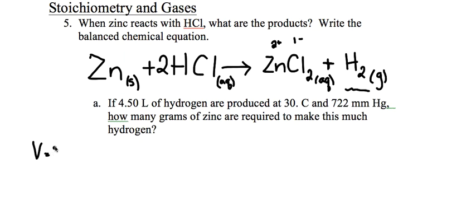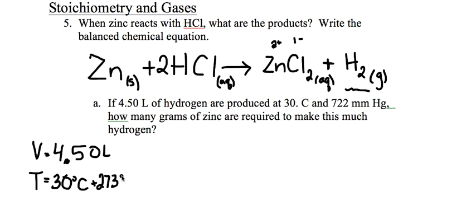Okay, so the volume of that gas that was produced was 4.50 liters. That's a decimal, okay, 4.50 liters. It was produced at a temperature of 30 degrees Celsius. I don't want Celsius, so right away I'm just going to add the 273 to make it easier to calculate. That'll be 303 Kelvin.